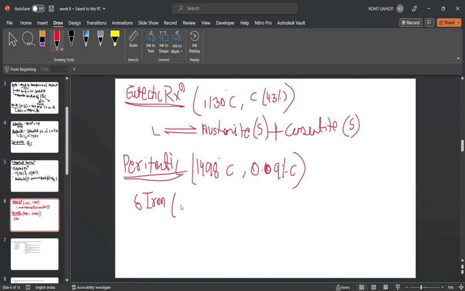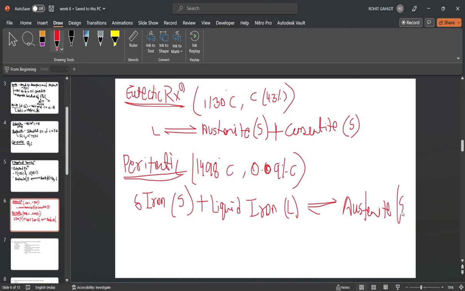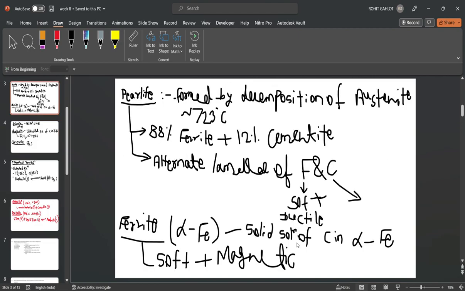And here the delta iron reacts with liquid iron and is in equilibrium with the austenite. So here one liquid and one solid convert into another solid.